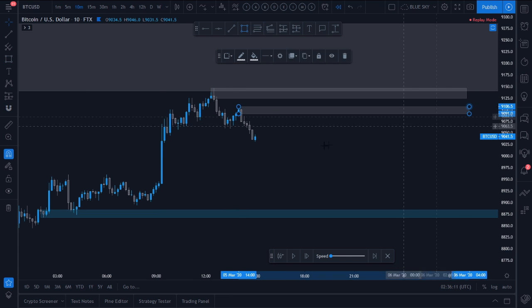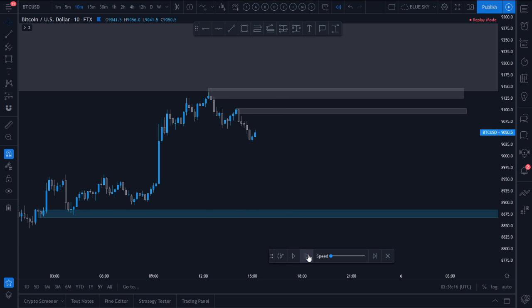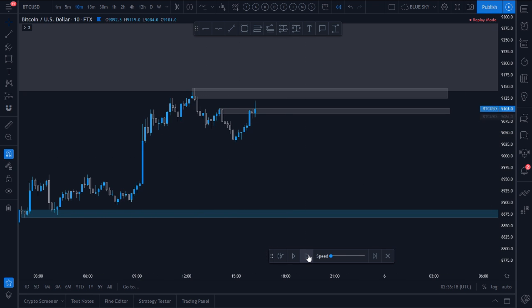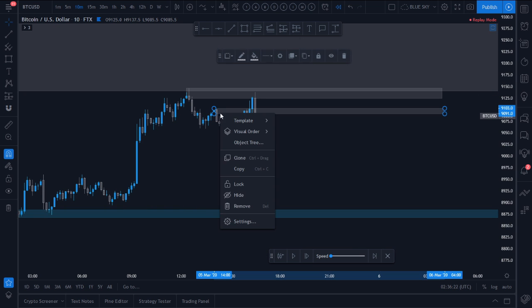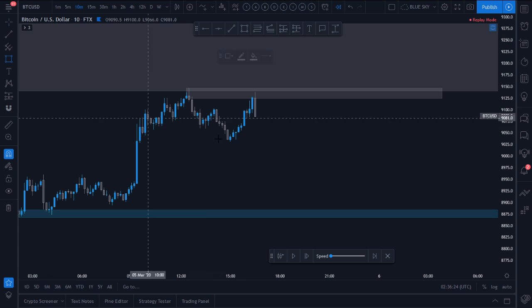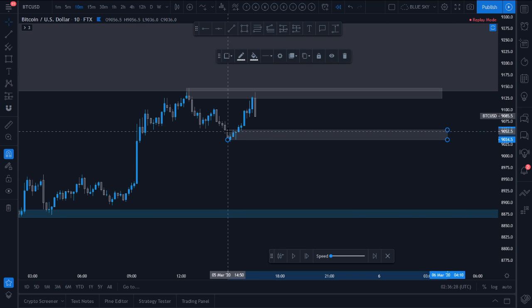Okay, this supply zone has been invalidated, and we can mark this as a demand zone.